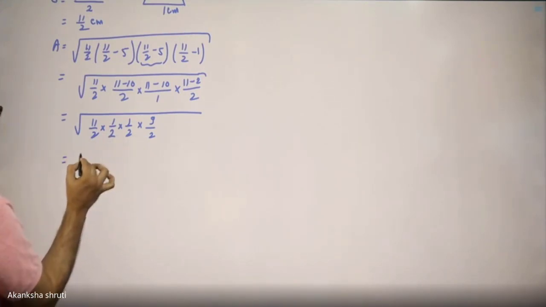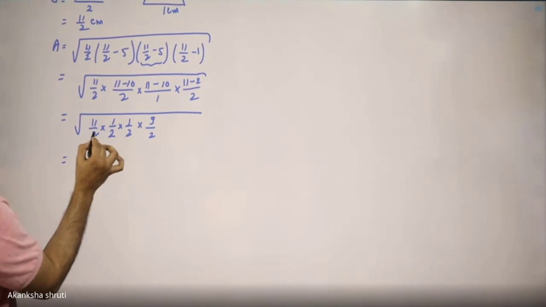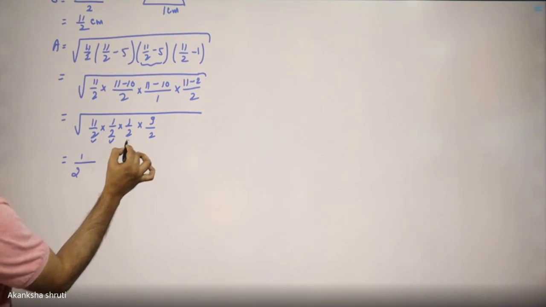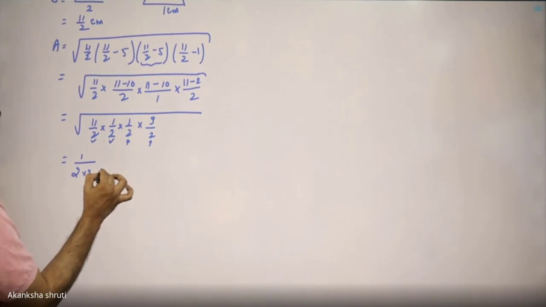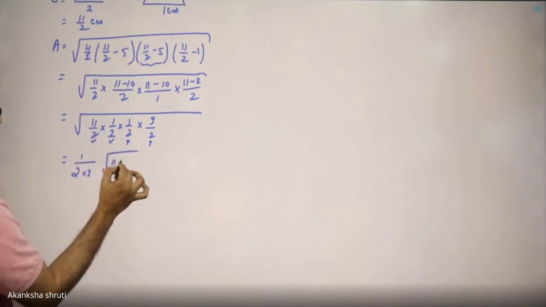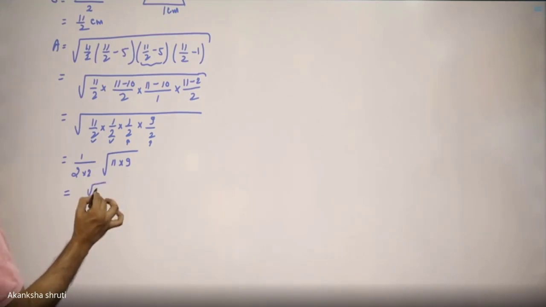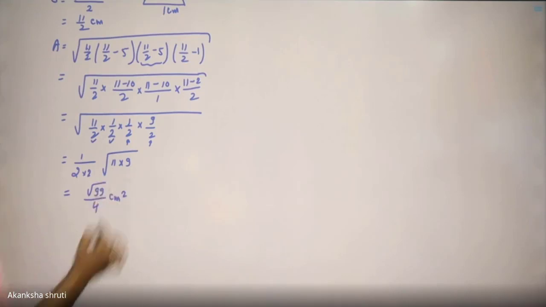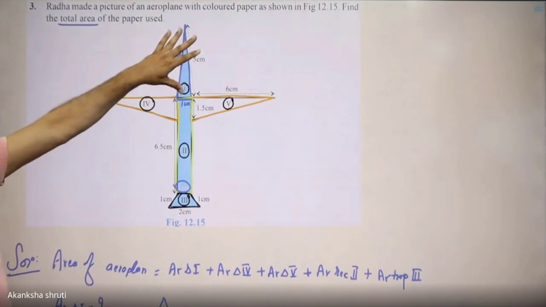For the denominator, one of these 2s and one of the other 2s will come out, both in the denominator, but numerator 11 into 9 will remain inside. They are not perfect squares, so it becomes under root of 99 by 4. This much centimeter square is the area of this wing or the front part.